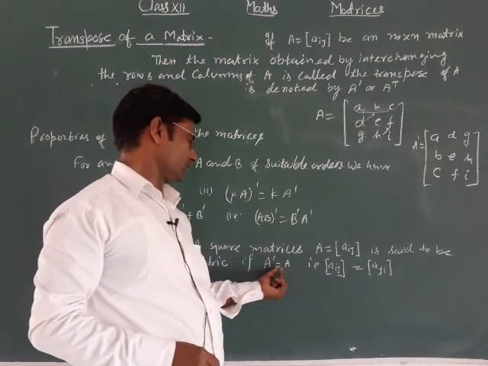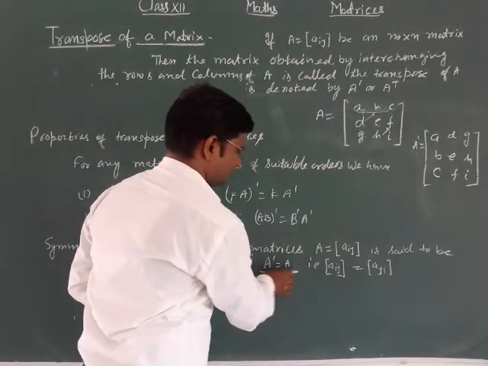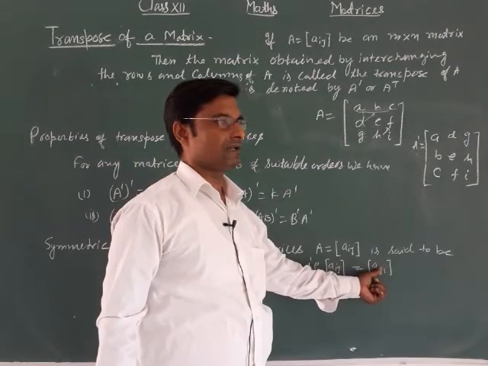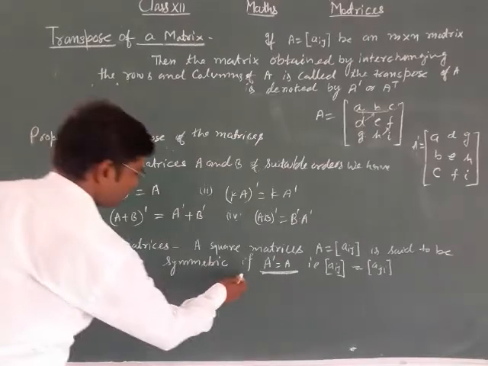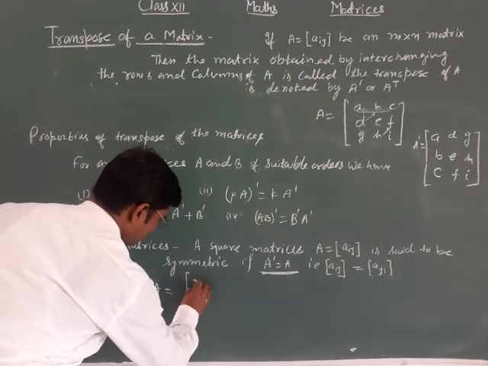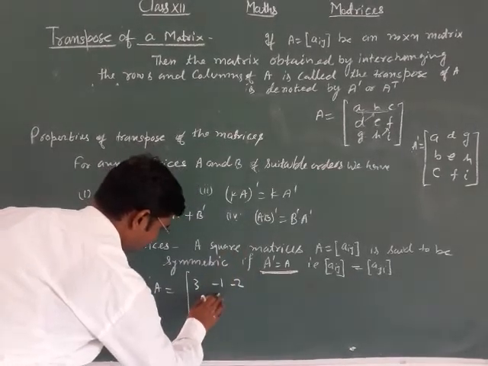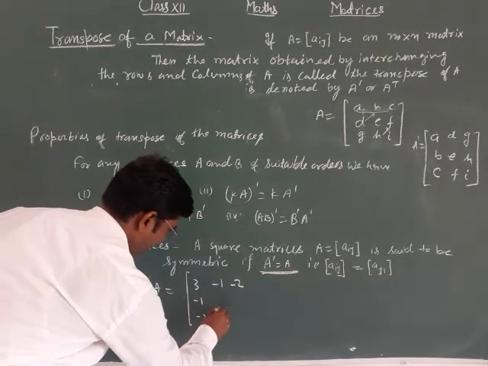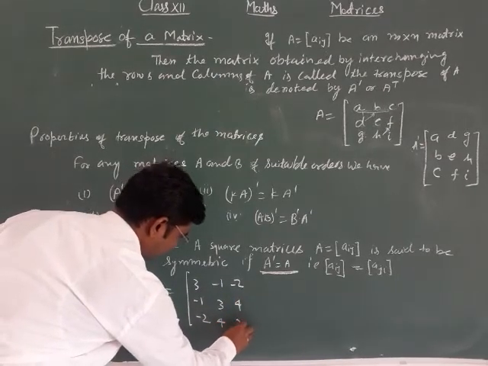So A dash is equal to A; this is a symmetric matrix, where a_ij is equal to a_ji. Now for the given example, 3, minus 1, minus 2, minus 1, minus 2, 3, 4, 4, 2.